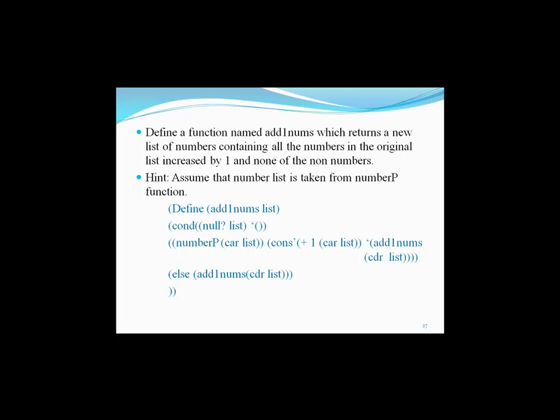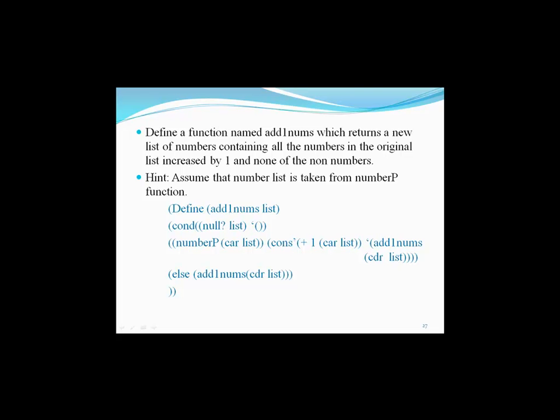The first is the car incremented by 1 and the second is the cdr list recursively returned from the add1nums function. Here we are returning the cdr list backwards, so we get an empty list at the end, and then we can combine it with the car. If both statements are false, we go to the else condition and send the cdr list to the add1nums function recursively.